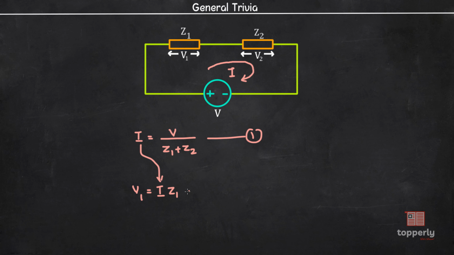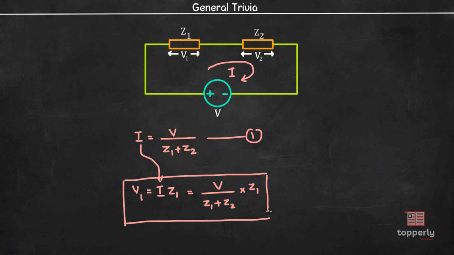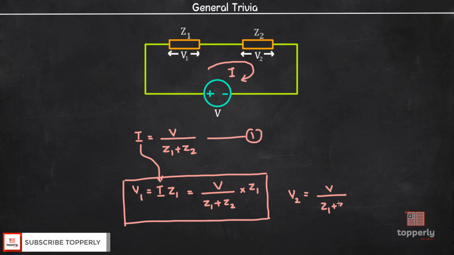So substituting that over here, we have V by Z1 plus Z2 into Z1. So this is the voltage division equation for voltage across element Z1. Similarly, voltage across element Z2 can be found as V2 is equal to V by Z1 plus Z2 into Z2.